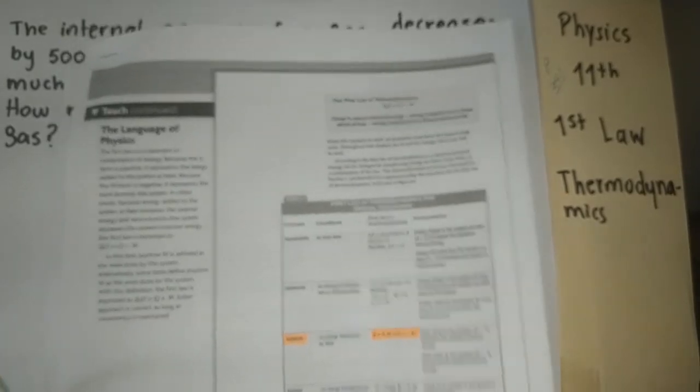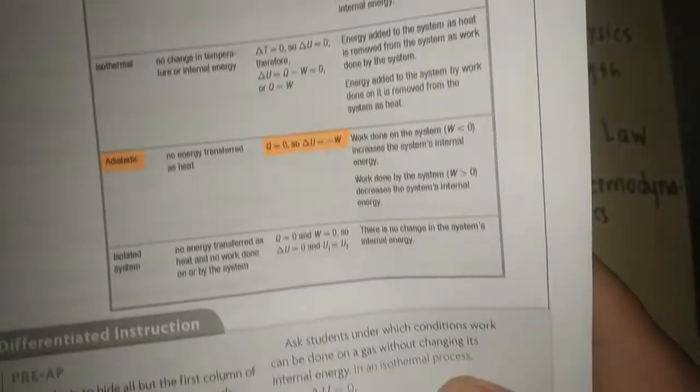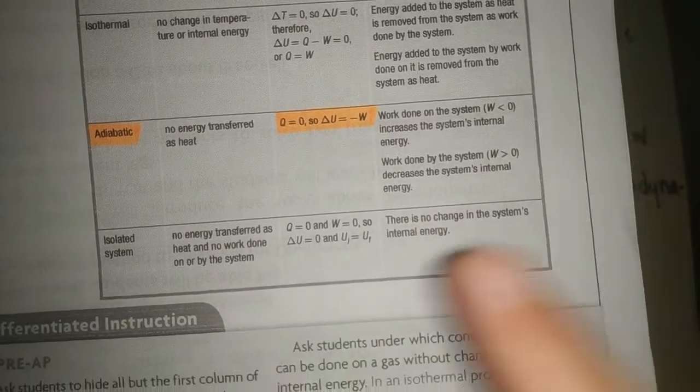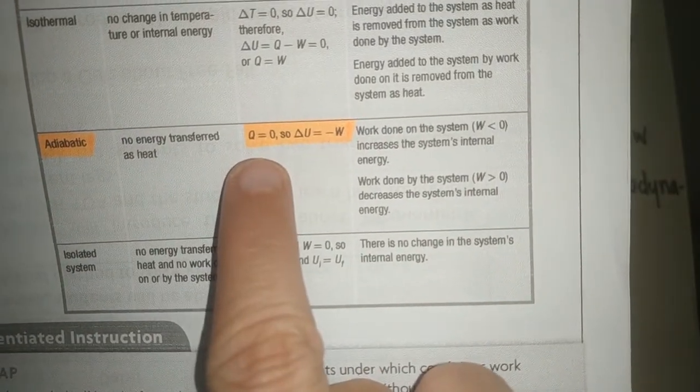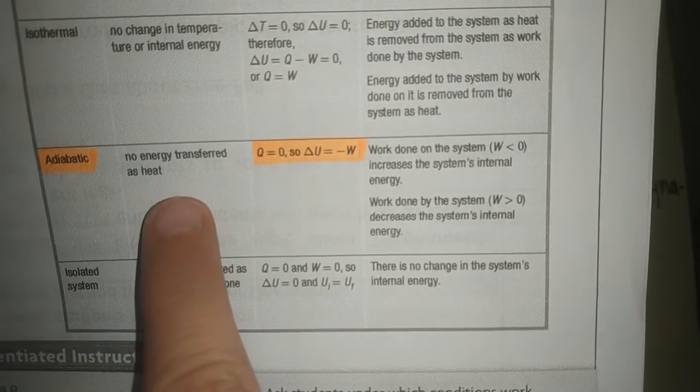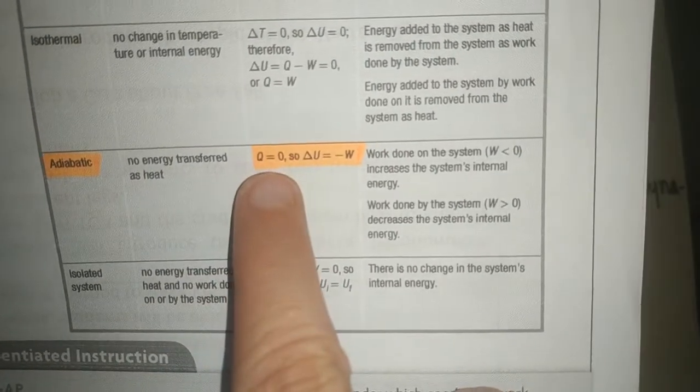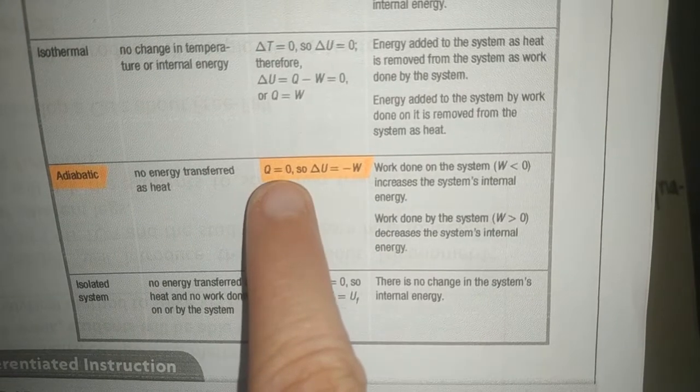So, I'm going to show you better. It says, for an adiabatic process, the condition is no energy is transferred as heat. And if no energy is transferred as heat, Q is going to be 0. Heat is going to be 0.